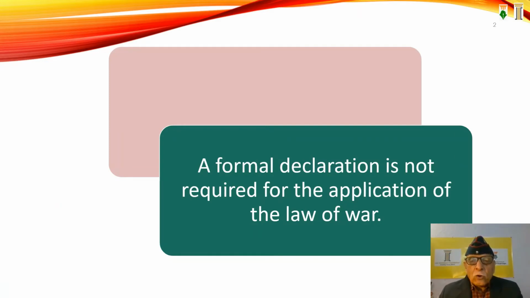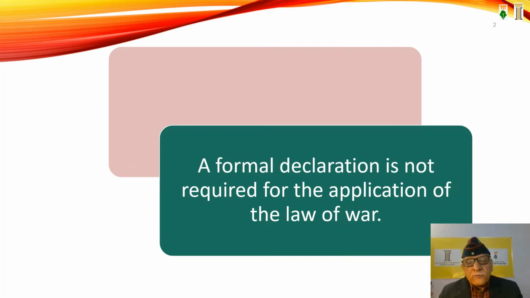Why is it called the law of armed conflict, when the name earlier was law of war? One of the reasons is that in the nature of war as it exists today, in very many cases there is no formal declaration of war.